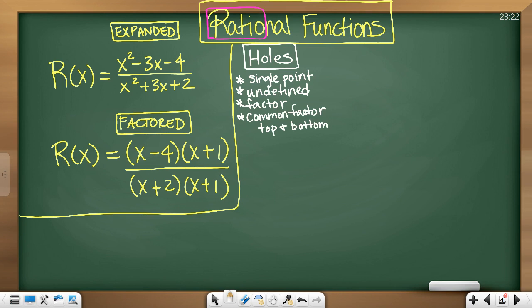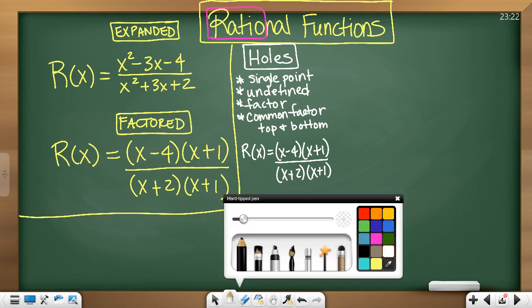So let's look at our example right here. For the holes, we need factored form. So I've got r of x equals (x minus 4)(x plus 1) over (x plus 2)(x plus 1). When I look at this, I'm looking for a factor that is common between the top and the bottom.